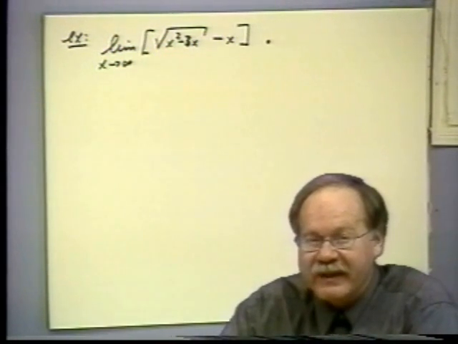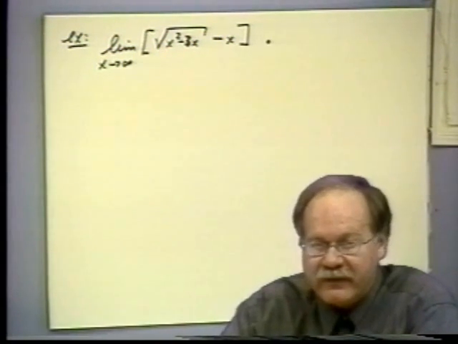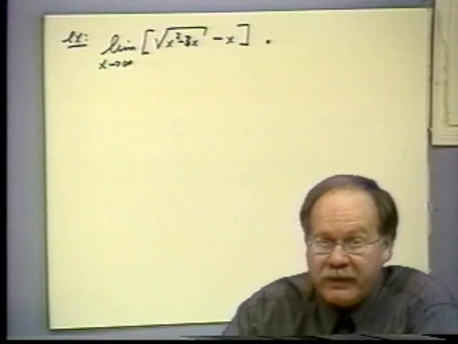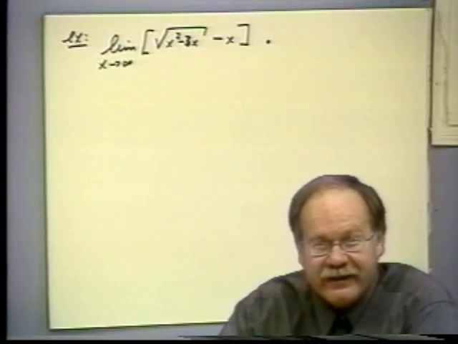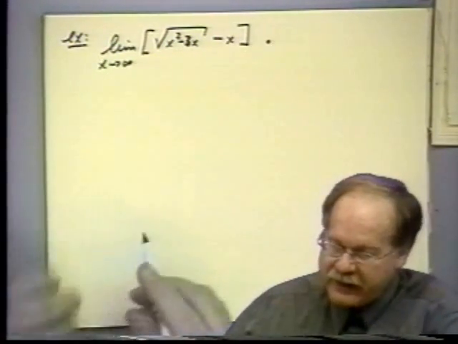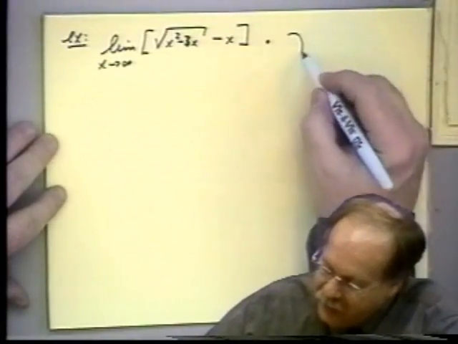So, did you see that this was one of those that is of that indeterminate form, infinity minus infinity, and probably involves that conjugate technique? Well, let's see. Here's what I did.